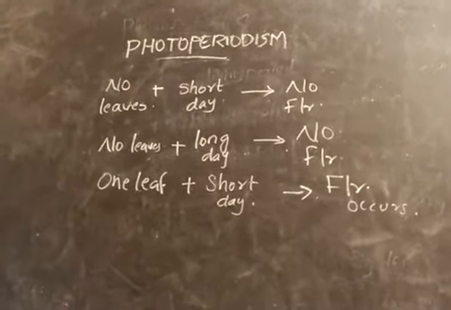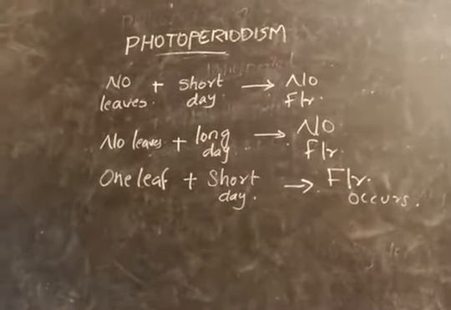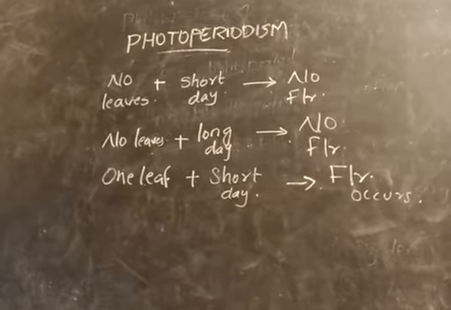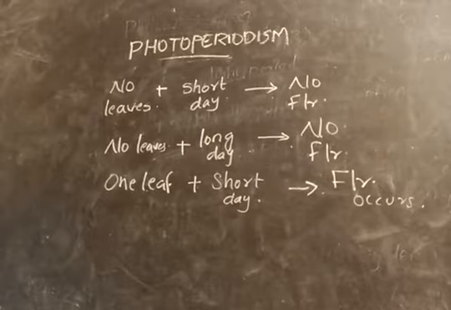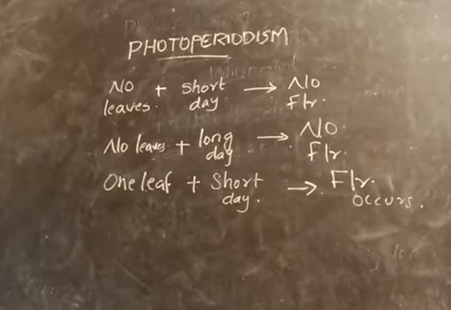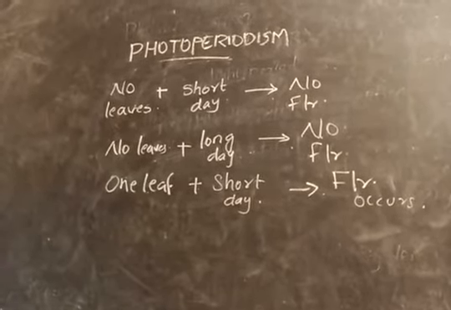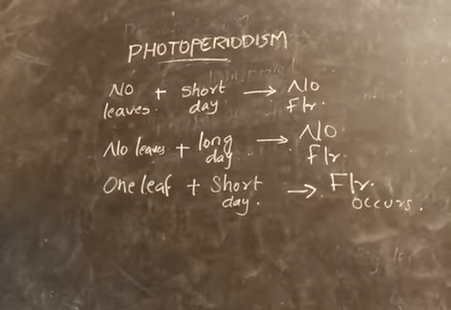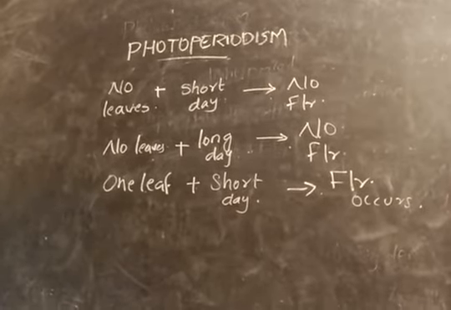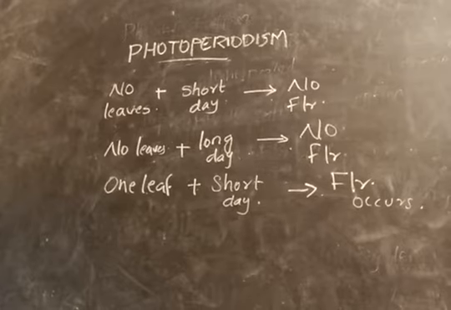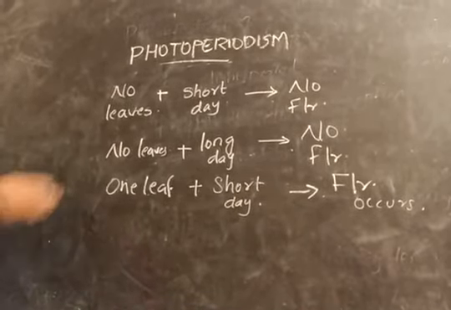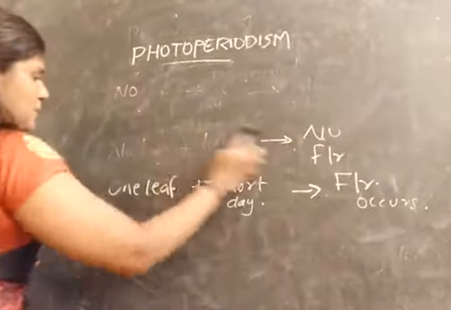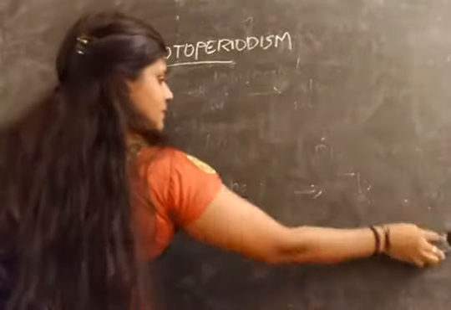So, this means that the photoperiodic stimulus is perceived by the leaves, and they are responsible for the transport of the floral hormones to the apical tip, which promotes flowering. You can go through the experiment; it is in your textbook. The importance of photoperiodism is that it helps in hybridization experiments.